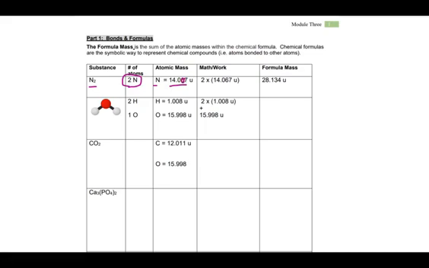It is 14.007. So we need to make that 14.007, and so that would be 28.014 U. Okay, now we're going to do the next thing, for H2O.